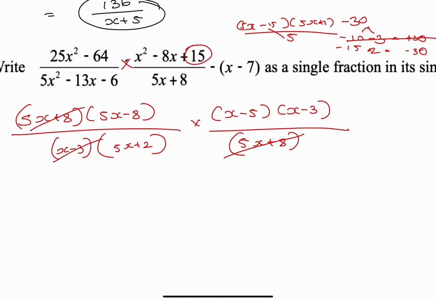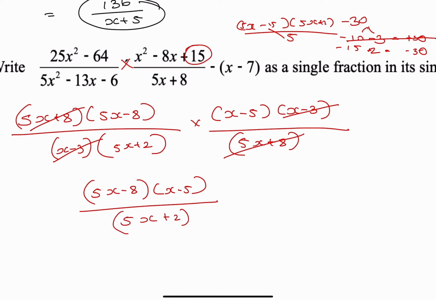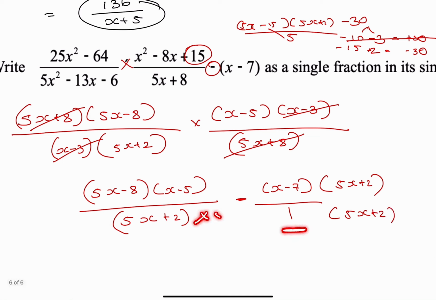Yeah, so what I have is 5x minus 8 bracket x minus 5 over what on the bottom is 5x plus 2 then. But you want to take away, be careful with the takeaway always, x minus 7 over technically 1, times it by the denominator 5x plus 2, because this denominator is 1, so you don't bother multiplying, it's going to be the same thing anyway.